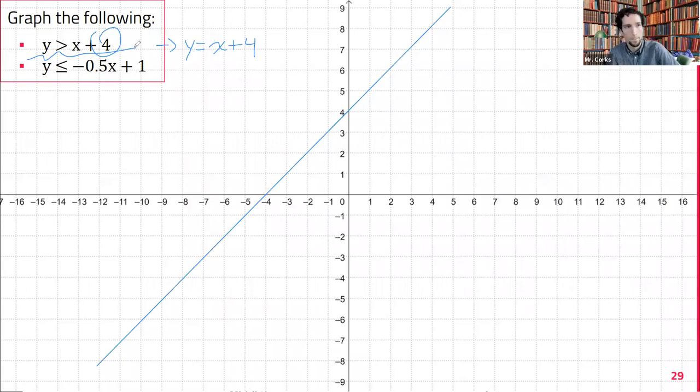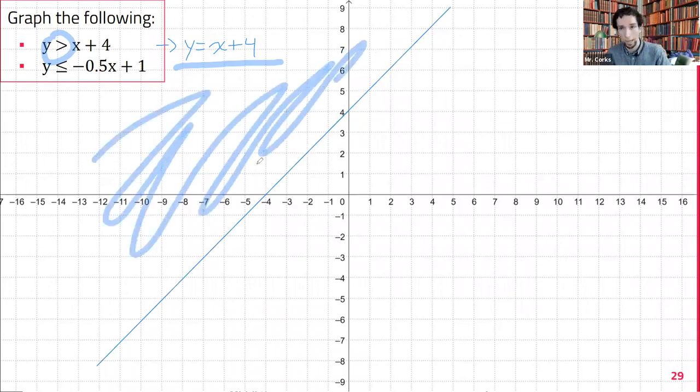Because this line is increasing. Upper means left side. We have the line y equals x plus 4, but y must be greater than this. Bigger y values means up in our graph, so we are shading above the line.